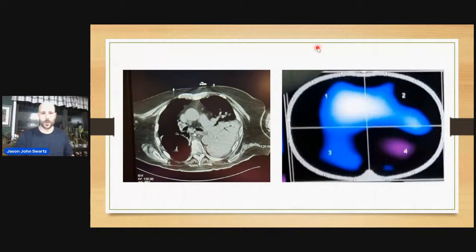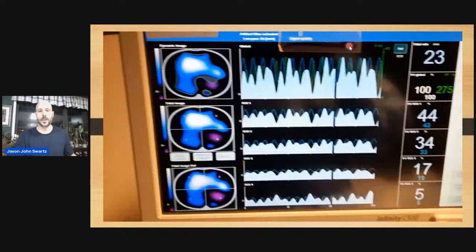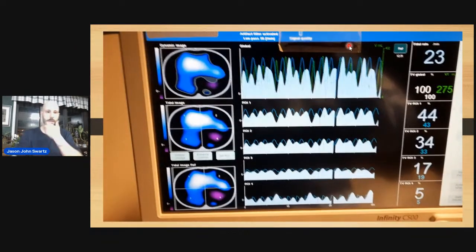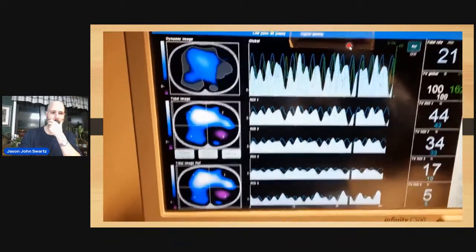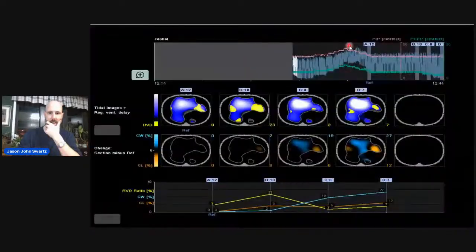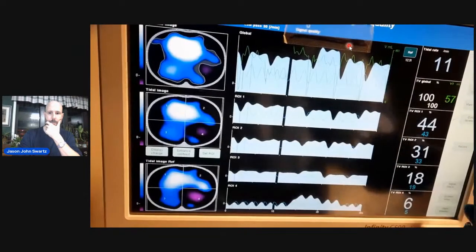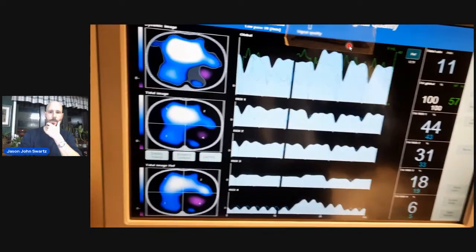Here's another example. Here's many other examples. This was when it was new to me and I was getting to trust it. All right. Here's some dynamic images. We're not going to go through this specific case study. There's many more.